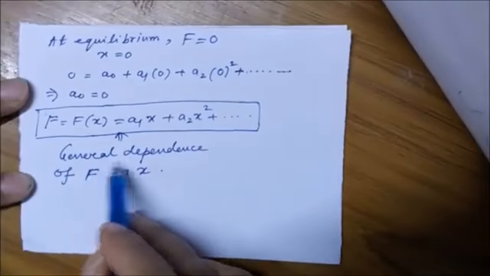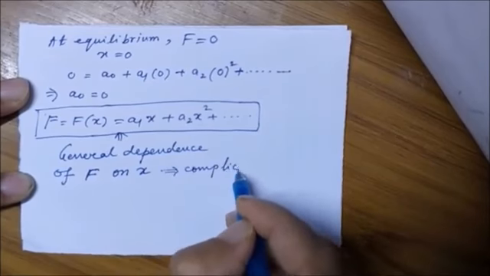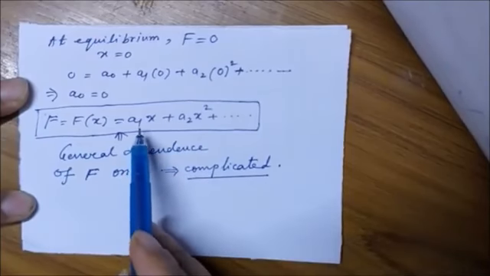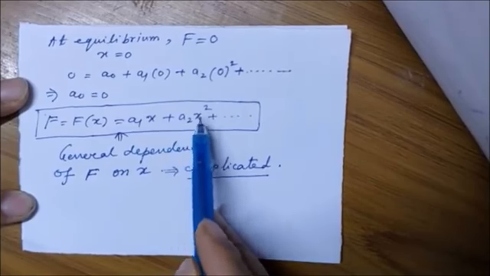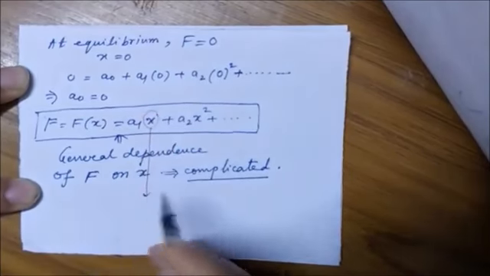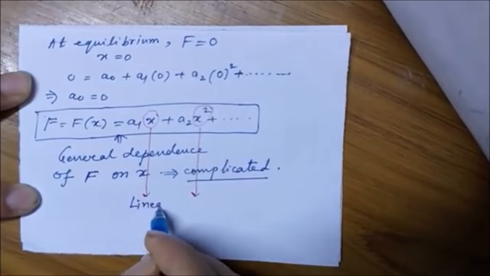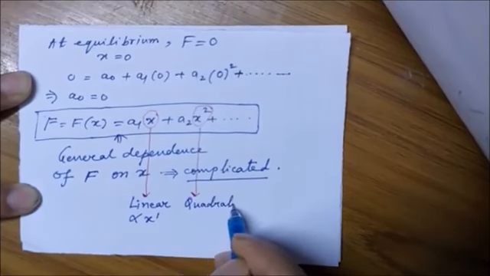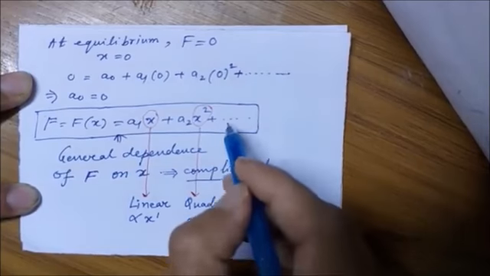We note that this dependence of F on X is complicated. This is because the expression contains a linear term x to the power 1. It also contains a quadratic term x square, plus there will be a cubic term and so on. Now this is the linear term, because it is proportional to x to the power 1. This part is the quadratic term, because it is proportional to x square, and similarly we will have cubic, etc. Let us write another term.